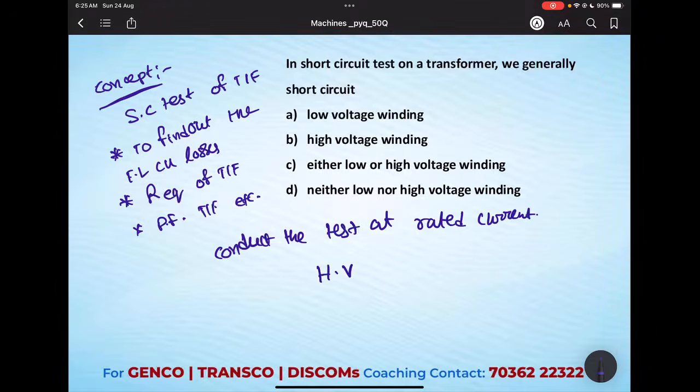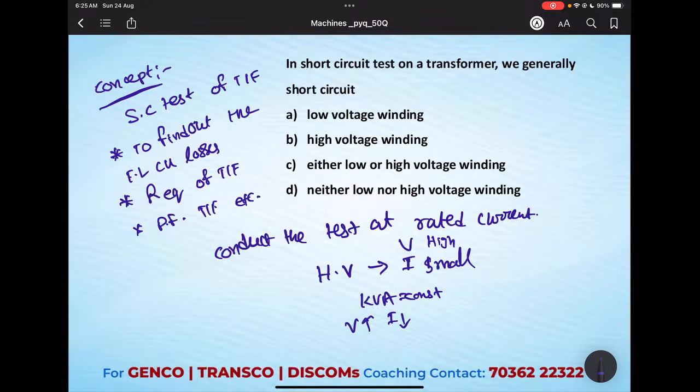Why is HV side more preferred? On the HV side, the current will be small and voltage will be high. Why? Because the kVA of a transformer is constant. If voltage is high, to keep the kVA constant, current will be small.